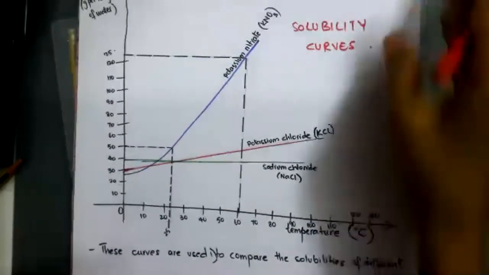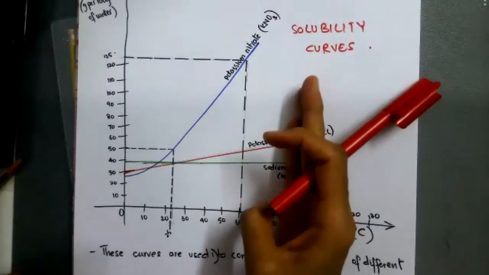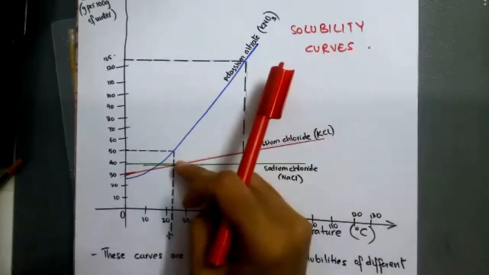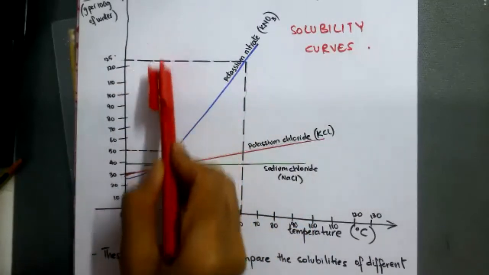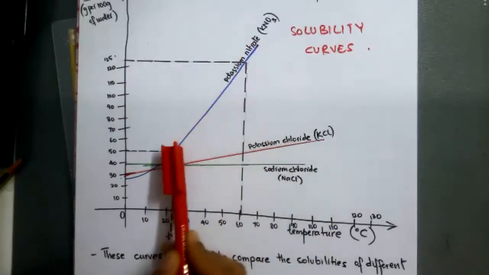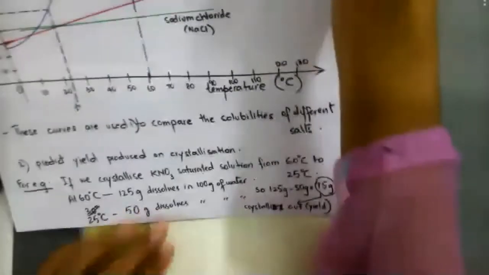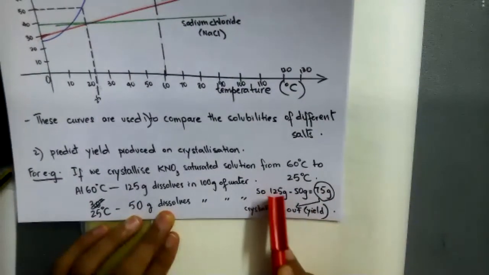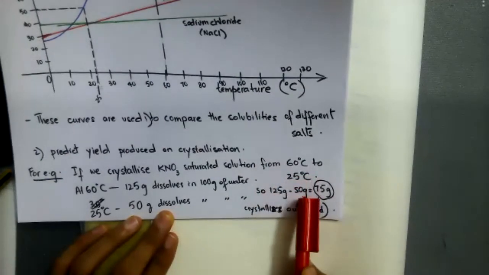So how much will be kicked out? How much will precipitate out? The scientific term is precipitation. You will subtract 50 from 125. All this salt will precipitate out. I subtracted 50 grams from 125 grams because 125 is what dissolved at 60 degrees Celsius, and 50 is how much it can handle at 25 degrees Celsius.